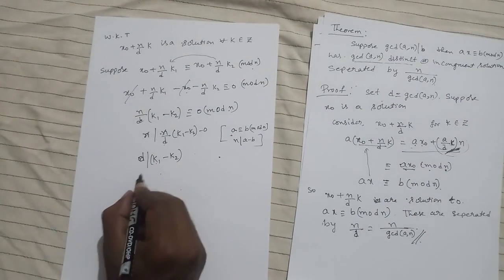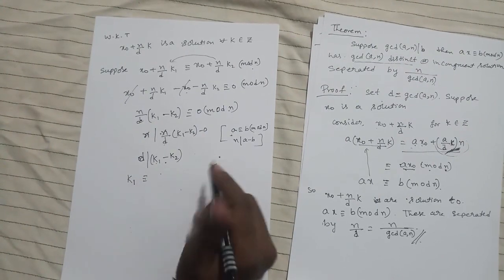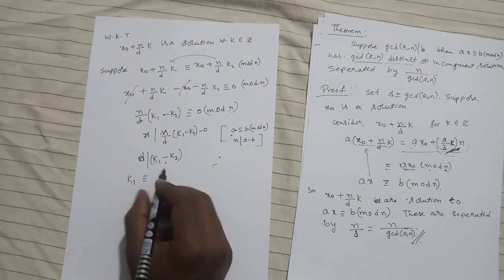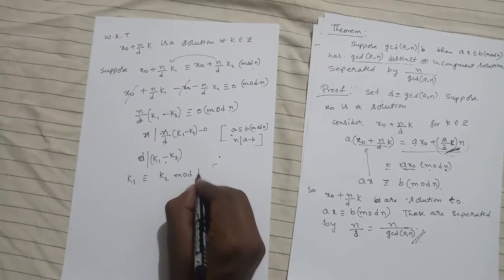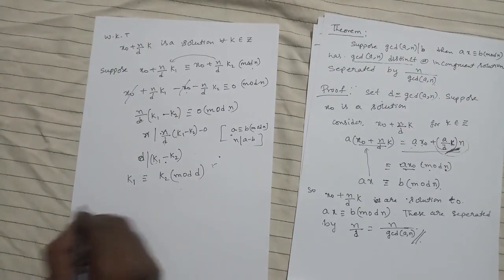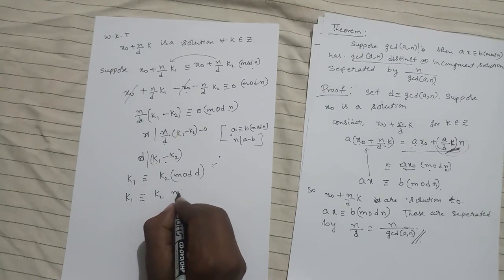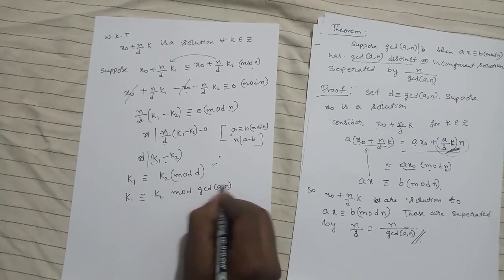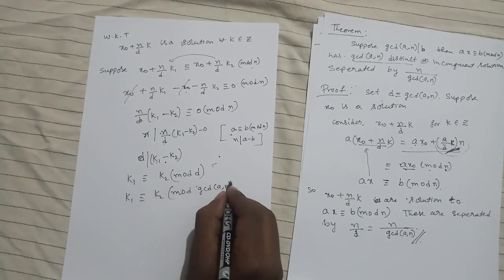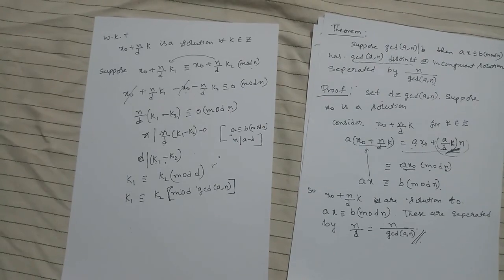So this can be written as k1 is congruent to k2 mod d. So what is d taken as? d is GCD of a comma n.